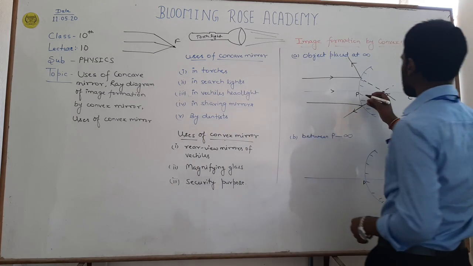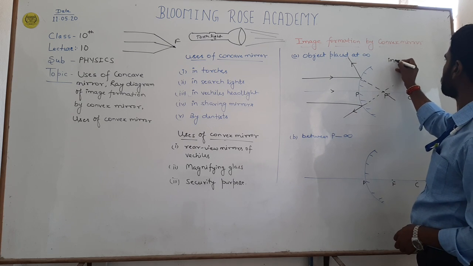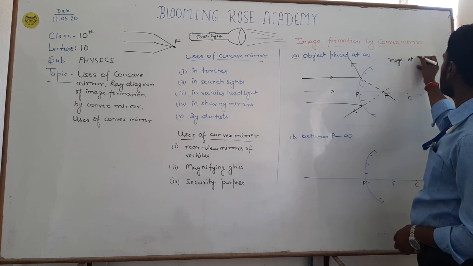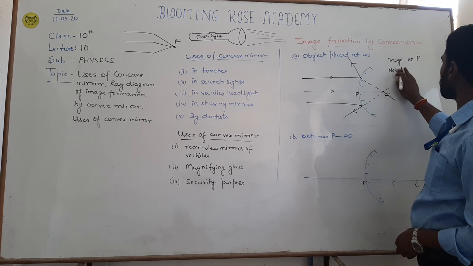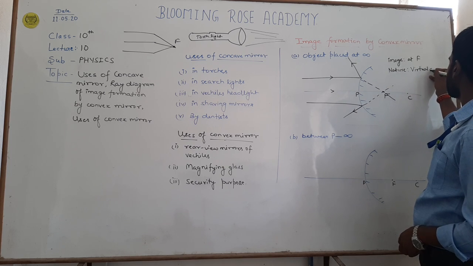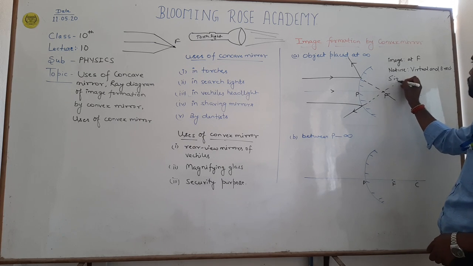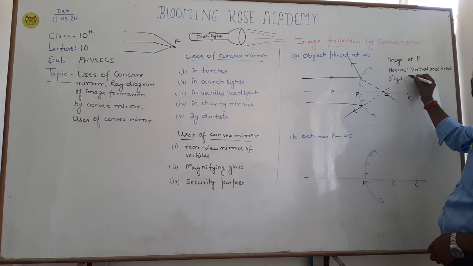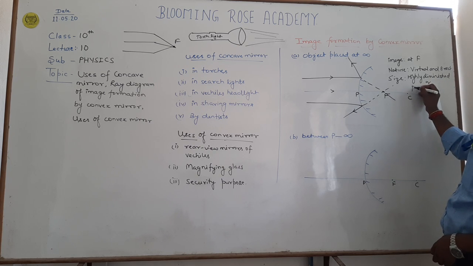So you can see that here the object is placed at infinity, then the image is at F, the nature of the image is virtual and erect, and the size of the image is highly diminished or point size.